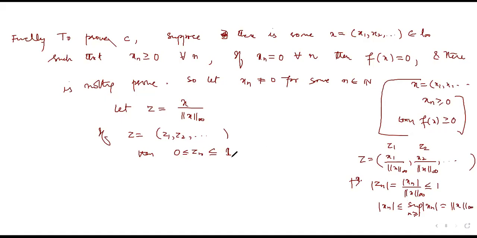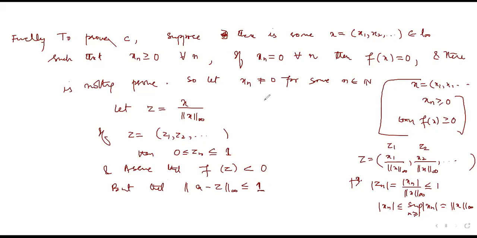So this is what we have. Okay, and assume to the contrary, assume that f of z is negative, but then norm of a minus z in infinity would be less than or equal to 1.